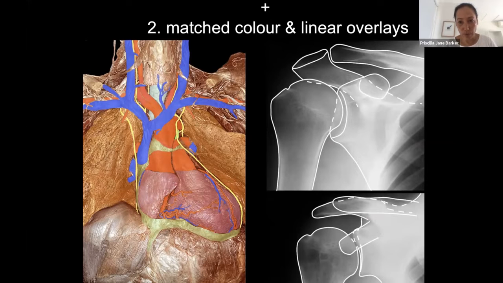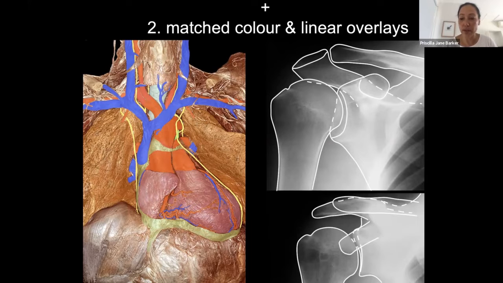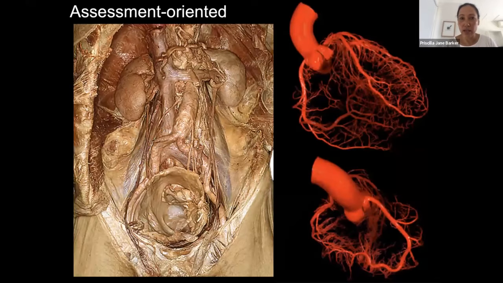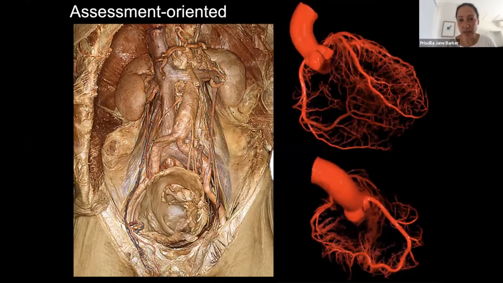And we also superimpose on the image on the right some linear markings to really help you identify the bones. And by being structured in this way with these multiple layers of the image, it makes it very assessment oriented, because you will be examined generally in tertiary study on a real cadaver specimen, which is quite complex and difficult to distinguish the structures.